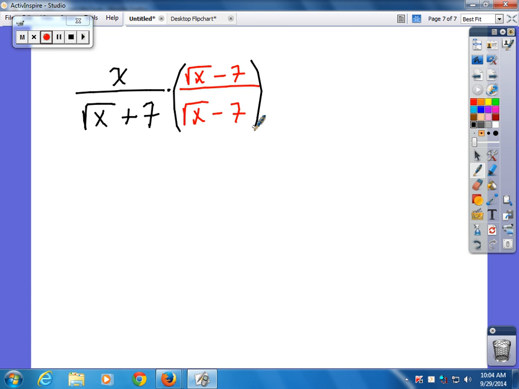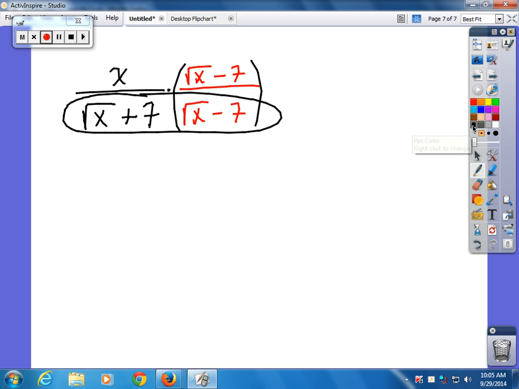You're multiplying. You always multiply by the conjugate. Because what will that give you in the denominator? Shortcut number what? 3. That's right, class. A plus b times a minus b, which is shortcut number 3, which gives you a squared minus what? B squared.